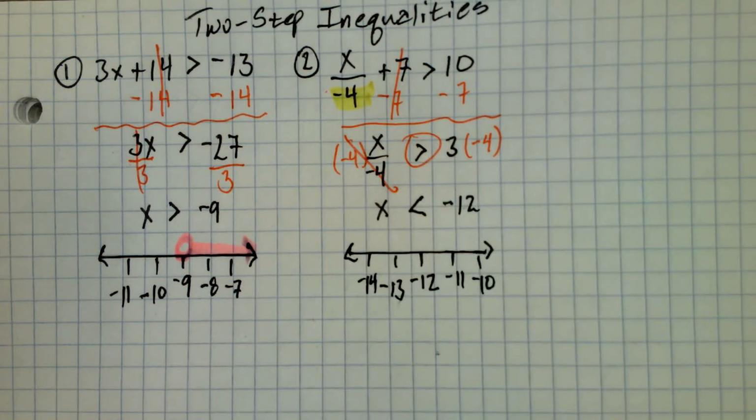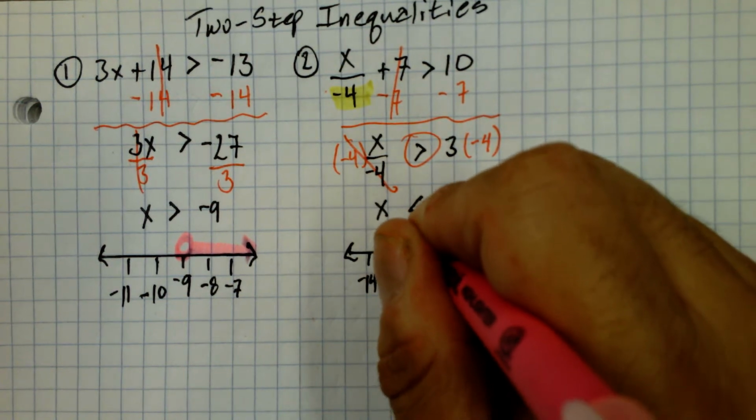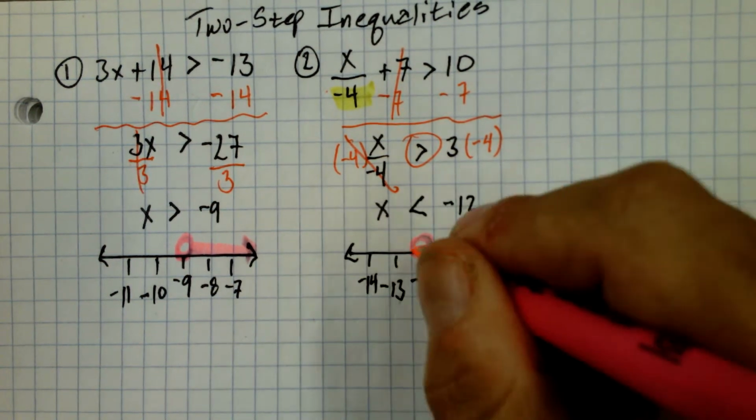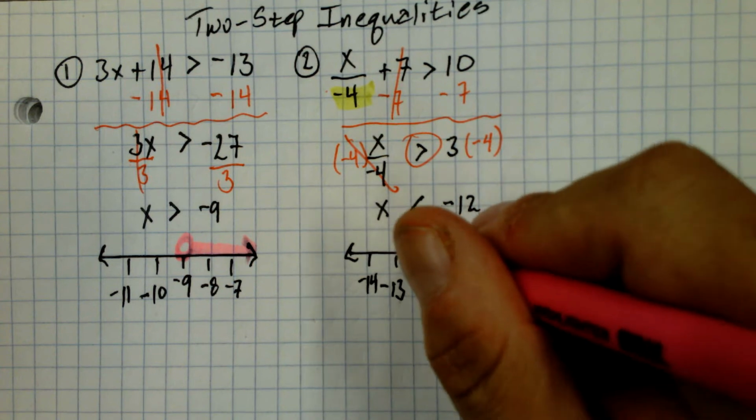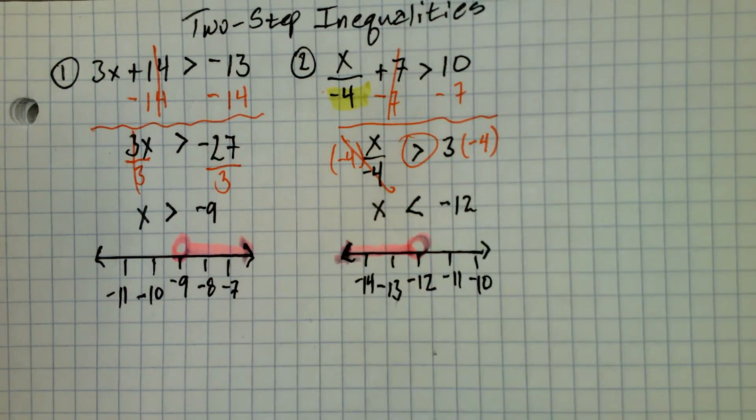Okay. And we want an open point here. And we want all numbers smaller, so it's going to the left. Every single number smaller than negative 12 would be a solution.